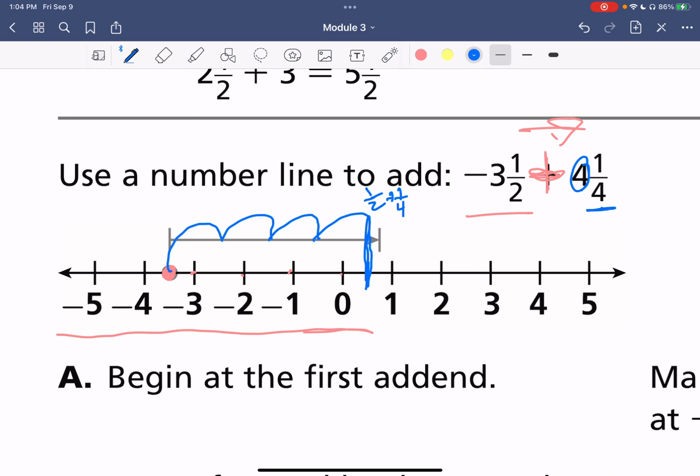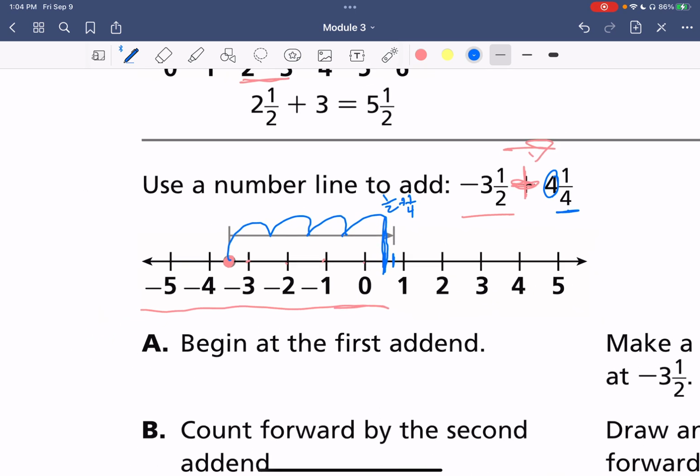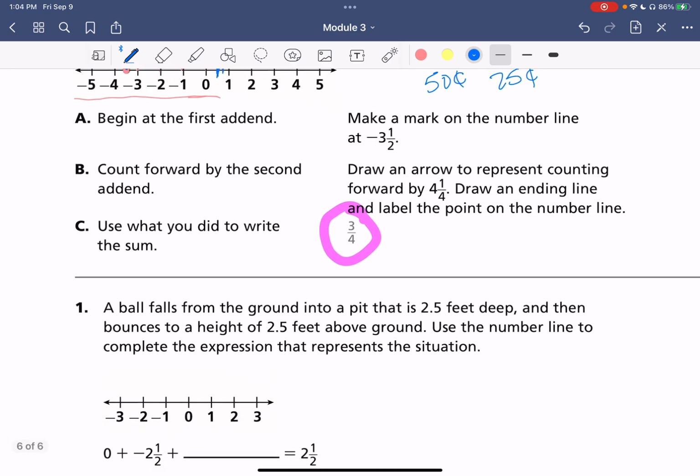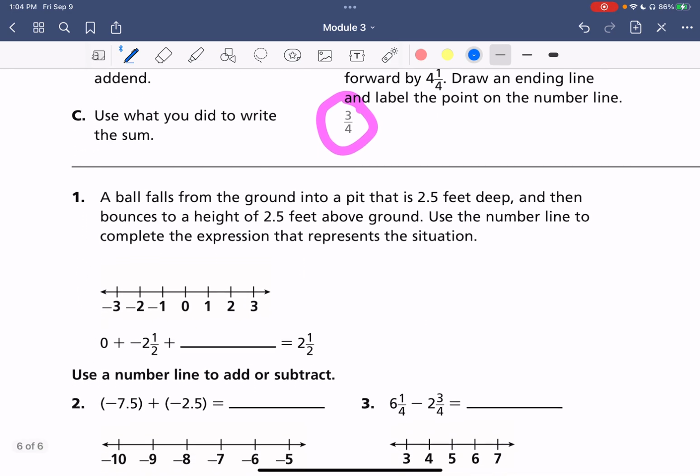So we're going to go 1/4 farther, and our final answer will land on our 3/4. Because we had 1/2 plus 1/4. If you think quarters, this is like 50 cents, and then another 25 cents, be 75 cents, or 3/4 of a dollar.